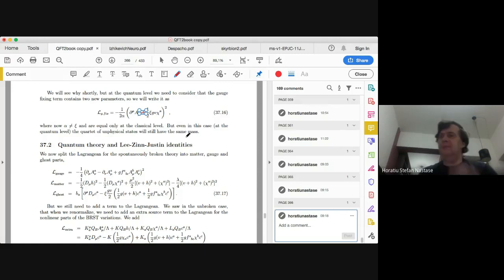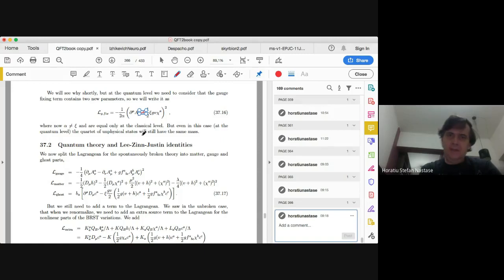We shouldn't have loops, because in principle we could choose a unitary gauge without any unphysical states, and then the physical observables will come from loops of only the physical states, which means that the loops of unphysical states should cancel.